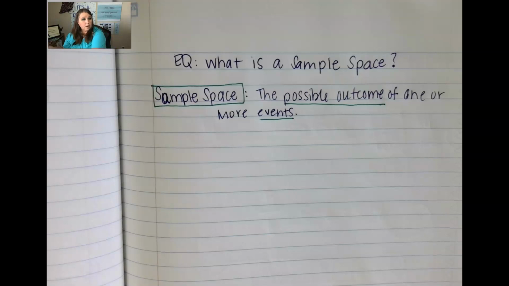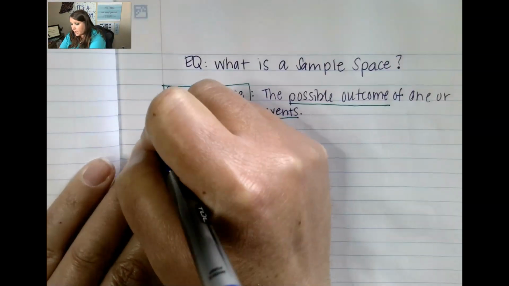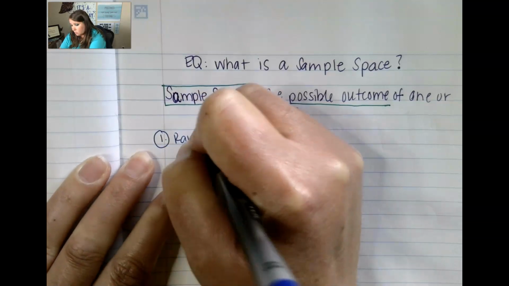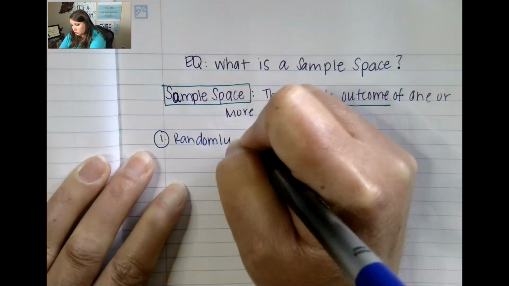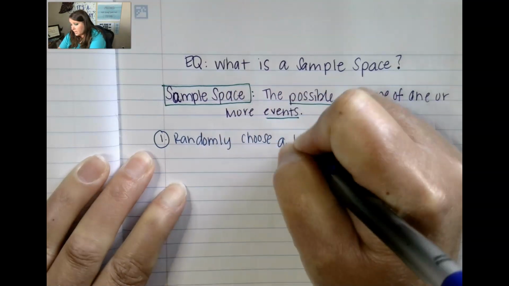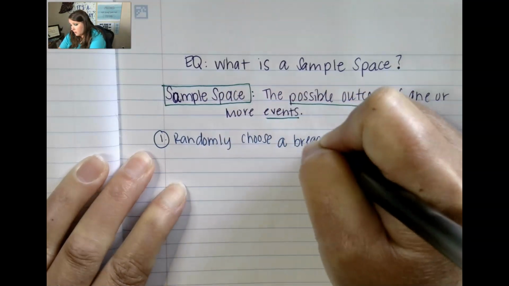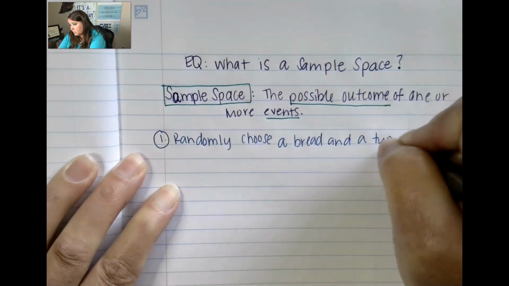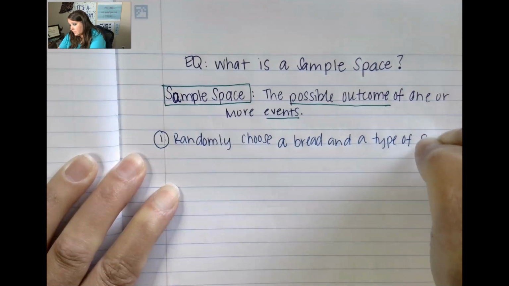So the first one we have is that we randomly choose a bread and a type of sandwich.